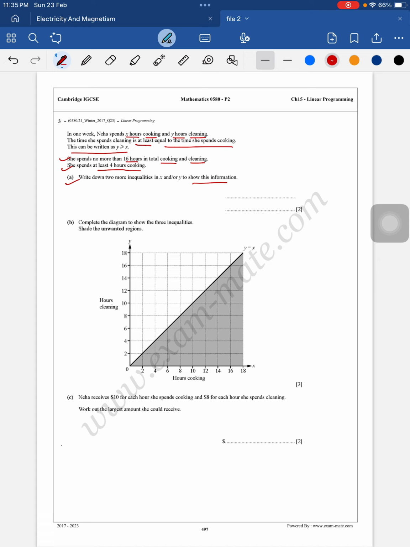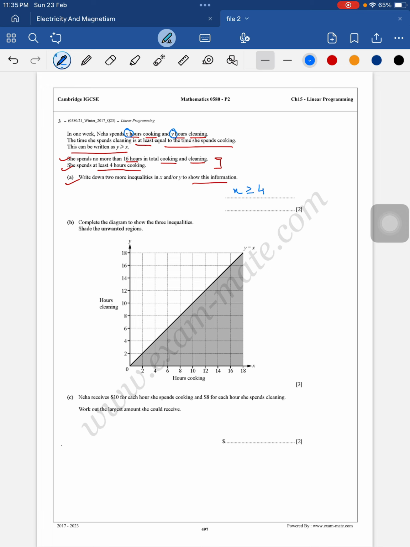So using this information, we have to make 2 inequalities. The cooking is represented by x and the cleaning is represented by y. She spends at least 4 hours cooking, meaning maybe greater than 4, so x is greater than or equal to 4.